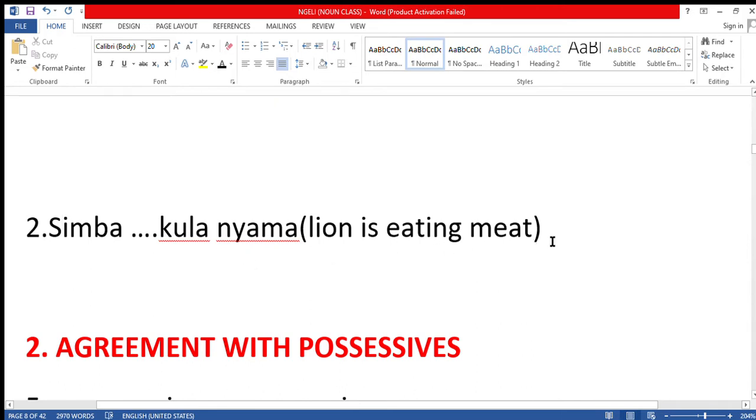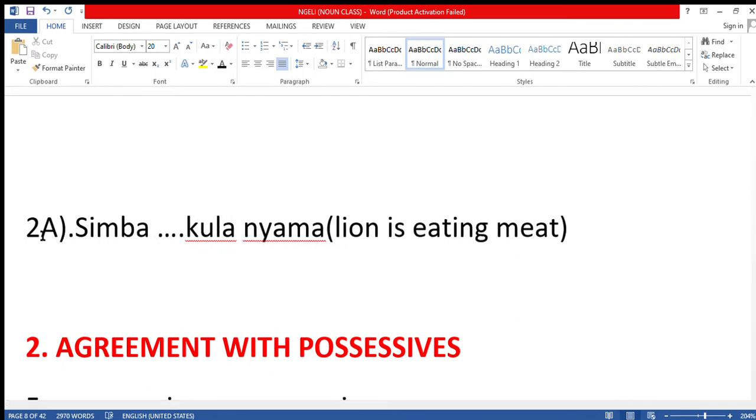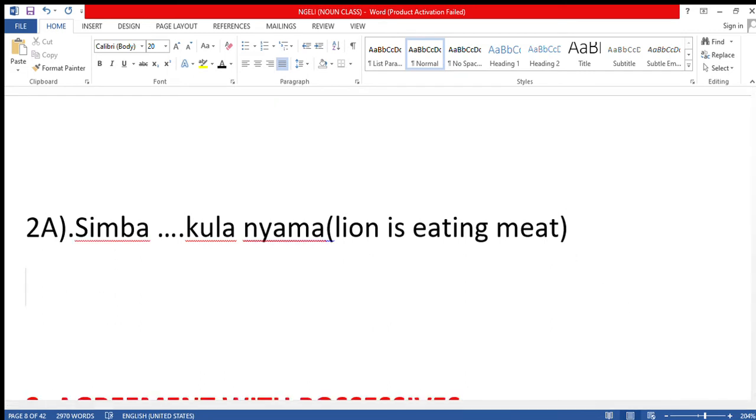Lion is eating meat. Then also I want you people to write the plural form. Sawa. The plural form. I want you to write the plural form of Simba. Then you complete here what Simba is doing. Kula.